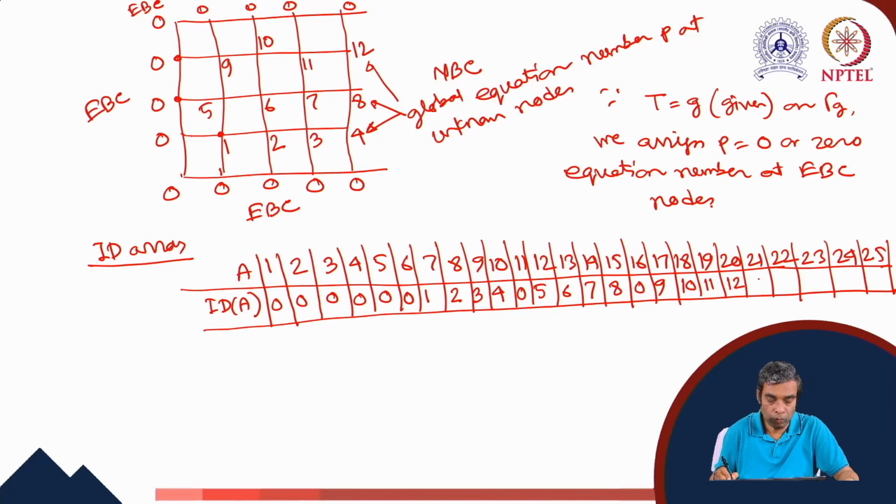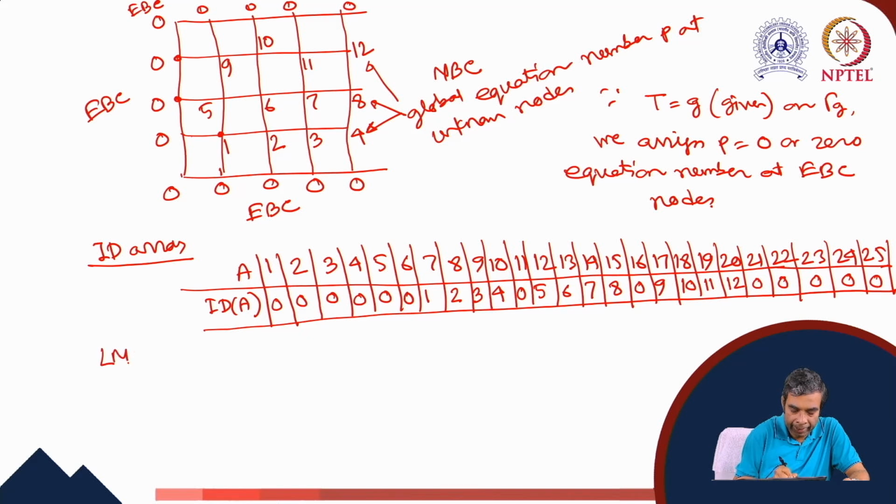At the 21st node, the global equation number is 0. Starting from the 21st to the 25th node, all are EBC nodes, so the equation numbers are 0. From here we find that our ID array clearly demarcates between the non-EBC equation numbers and the EBC equation numbers. Finally, we construct the LM array, for which the ID array helps a lot.